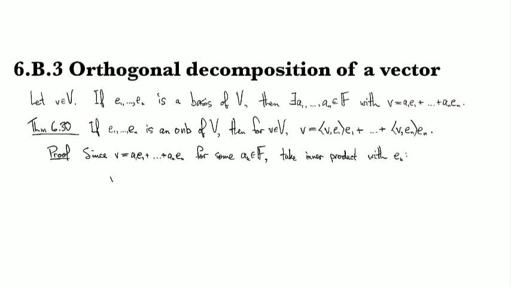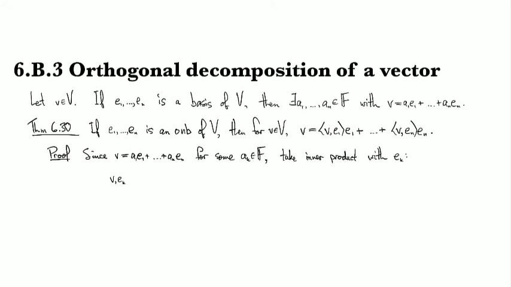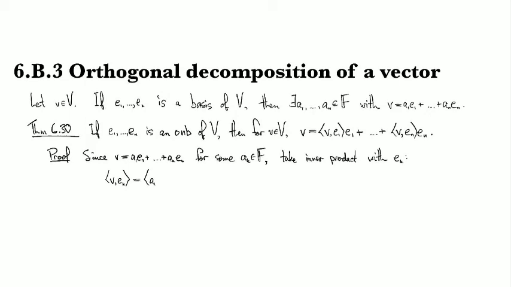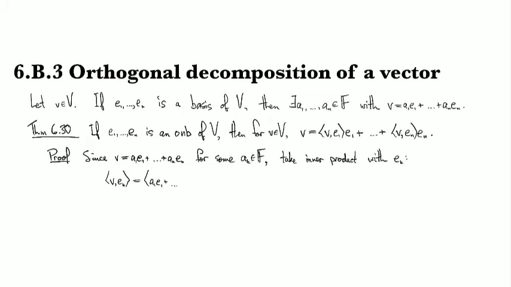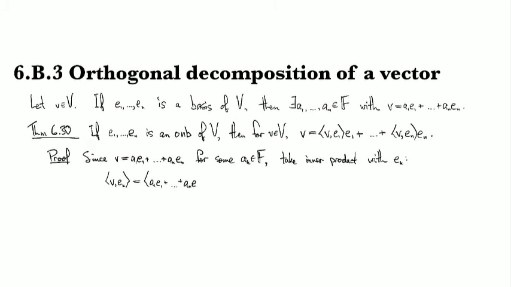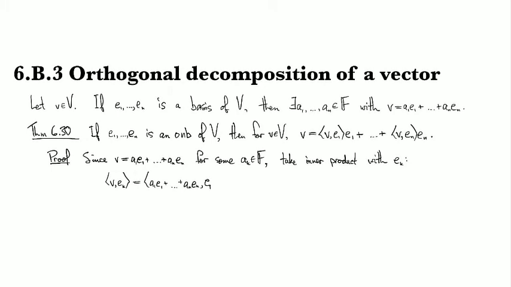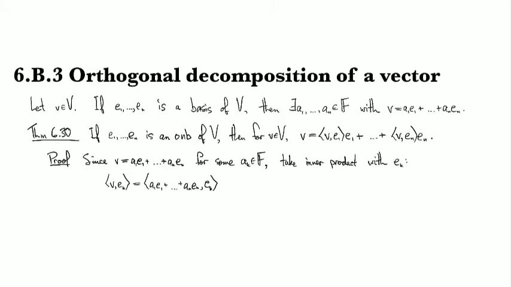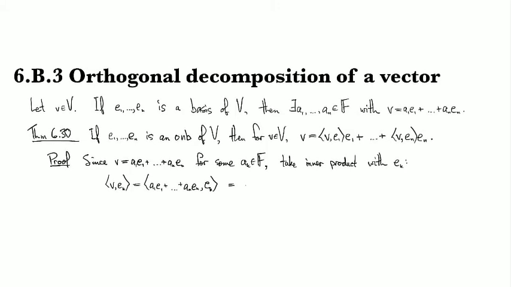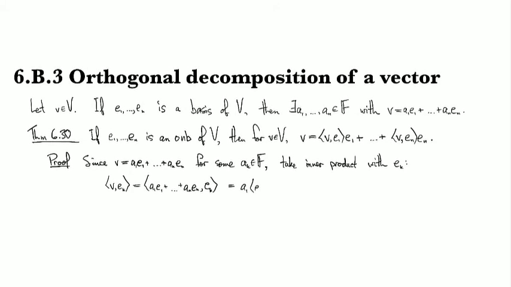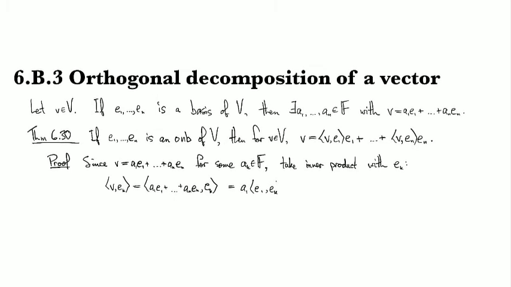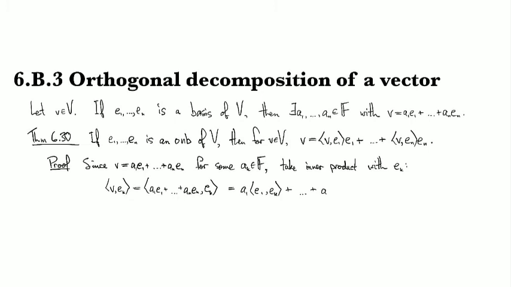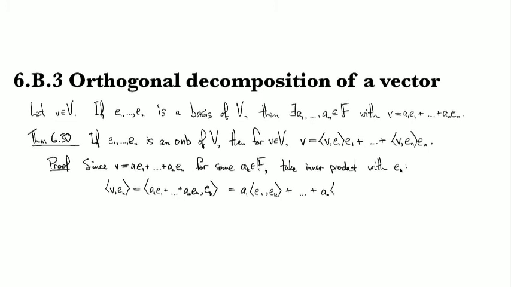So on the one hand we have V against EK, and then on the right hand side we have A1 E1 plus and so on, against EK. And then by linearity, we can split the sum and pull the coefficients outside.